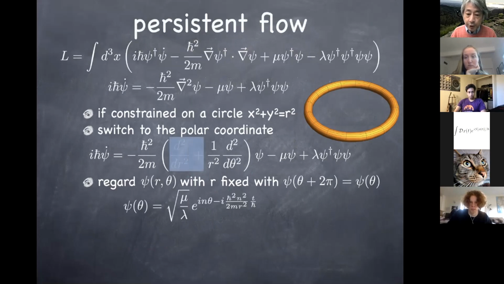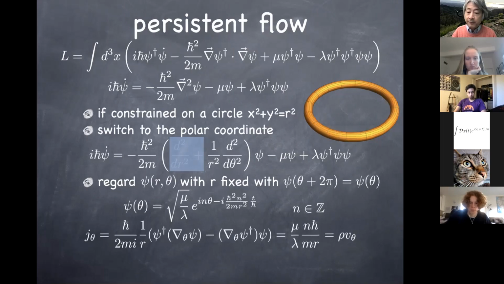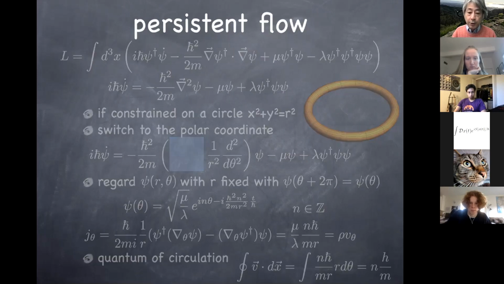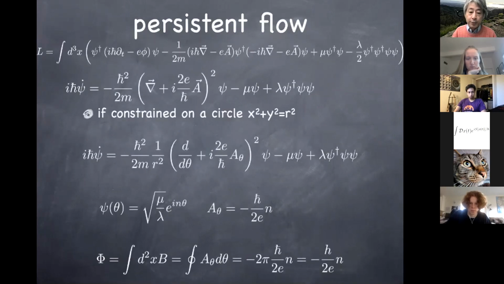So we found this solution, which is still time dependent. But again, when you actually look at some observable, for example, the density psi dagger psi, the time dependence is actually canceled. So the observables are always time independent. So in the same spirit, this time dependence just by the overall phase doesn't actually do anything really. So in this case, you do find a solution which doesn't have time dependence at all.